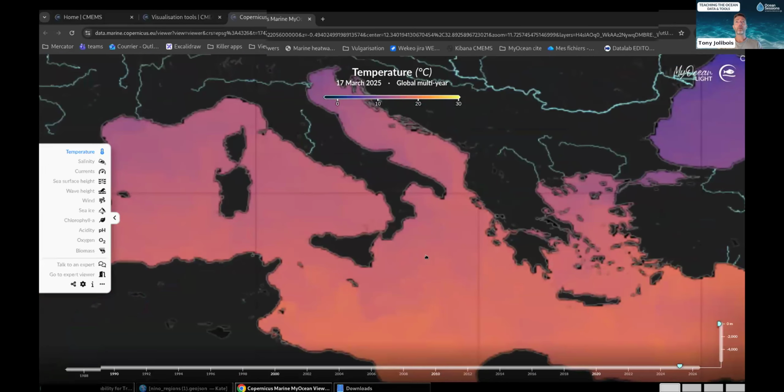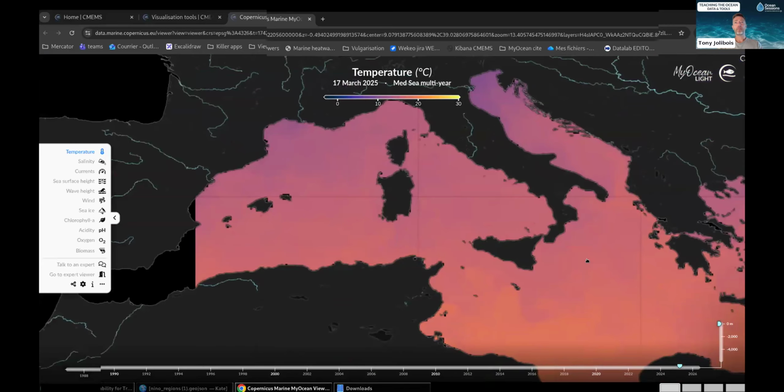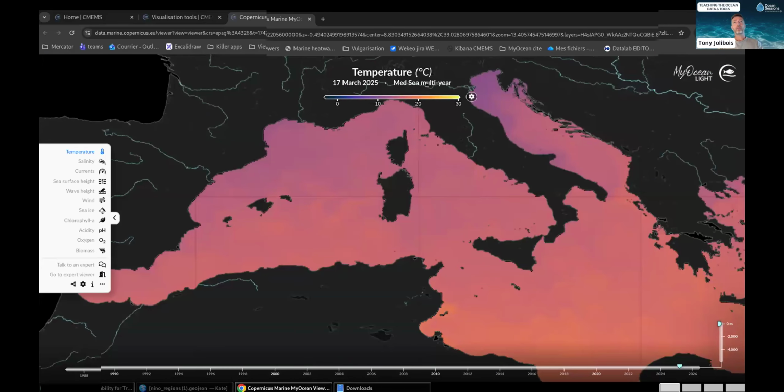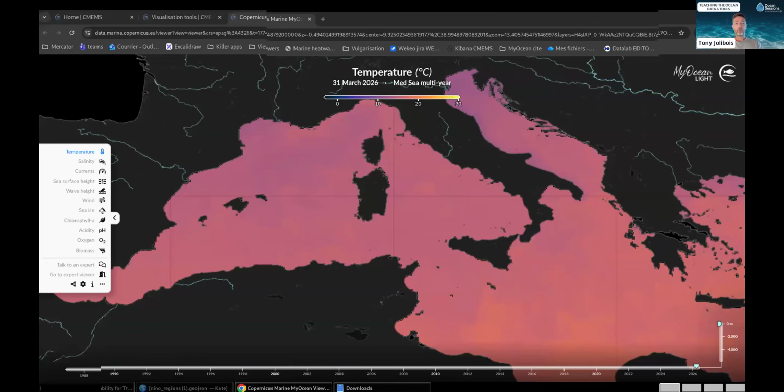If I zoom on the Mediterranean Sea here, the tool just switches to the Mediterranean Sea product. So yeah, just the best data available automatically selected for you.